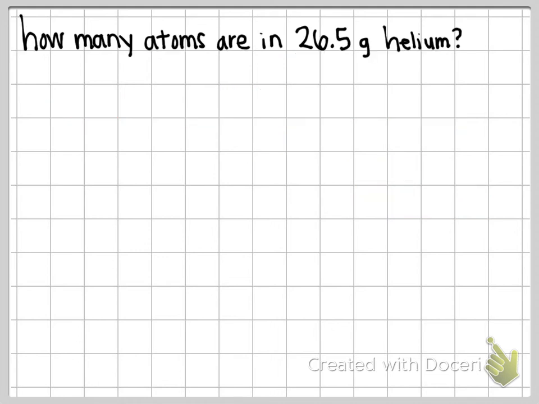This last example is asking how many atoms are in 26.5 grams of helium. So again, first thing you need to do is write down your given, 26.5 grams of helium. You need to set up your conversion factor. So because you have grams of helium on top, grams of helium needs to go down here.